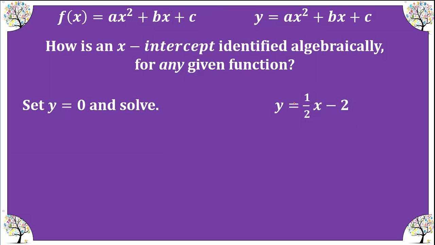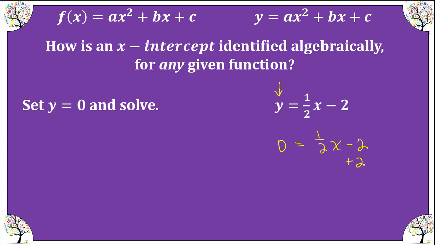So let's take a look at this linear function. And we don't have a graph to identify the x-intercept, so let's do it algebraically. Remember, the x-intercept is when y is 0. So we're simply going to plug in 0 for y and solve for x, and that will be the x-intercept, no matter what function you're looking at.